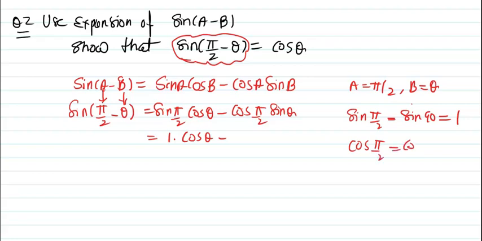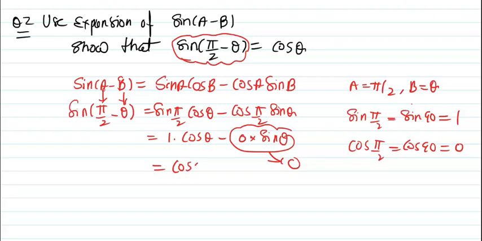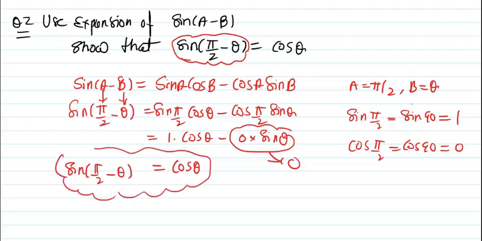That is cos 90, and cos 90 is 0. So it should be 0 times sine theta. Then this whole thing will be 0. What is left here? Cos theta. So we got sine pi by 2 minus theta equal to cos theta. That's what they asked you to prove.